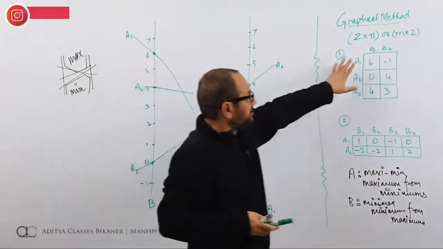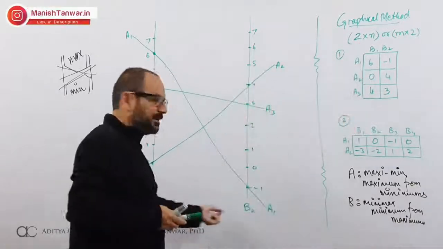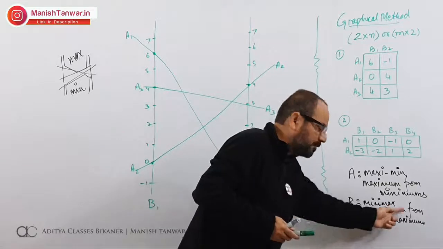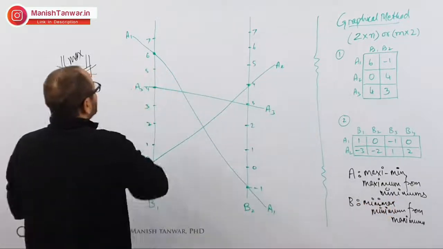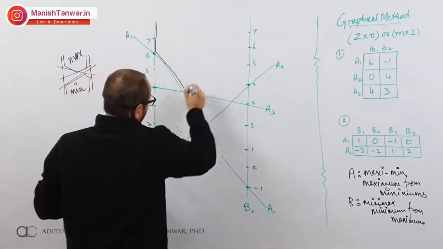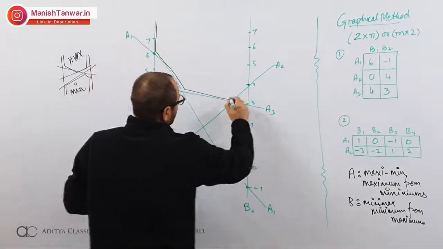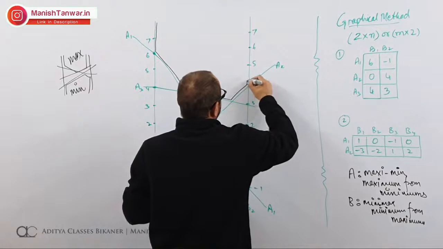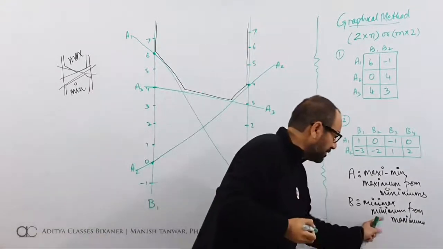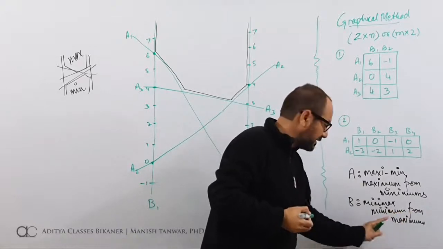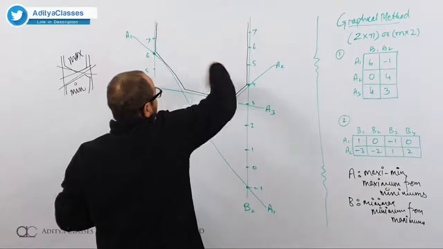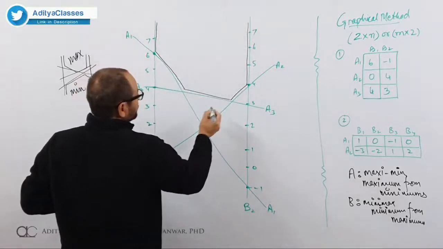Now, because this game has been plotted for B, that is B1 and B2 strategies have been plotted, B plays minimax, that is the minimum from maximum. This complete area is the maximum area. So B will be selecting the minimum value from this maximum. From this complete maximum, what is the minimum value?